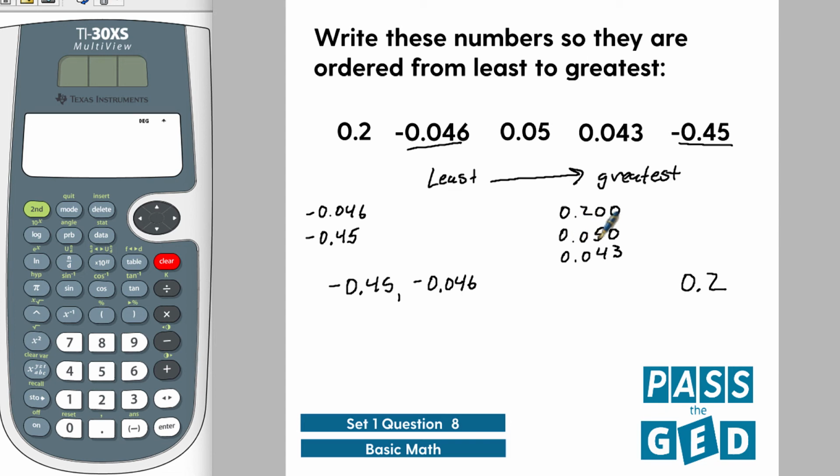The 0.050, or 0.05, is larger than 0.043. So that one's going to be the next greatest one, 0.05. And then the positive number closest to 0 is 0.043. And that would be your answer right here.